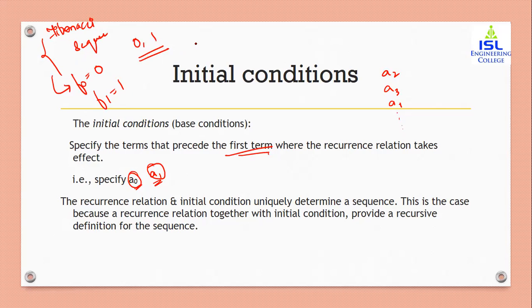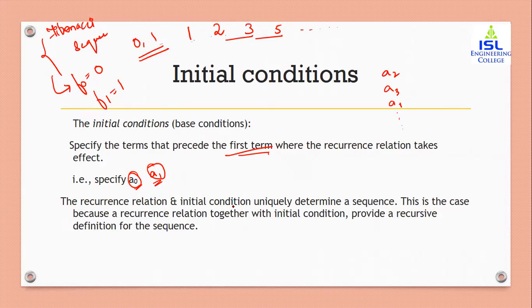Apart from that, what will be the next term of the sequence? The next term is the sum of the previous two terms. So over here, the next term will be 0 plus 1, which is 1. After that, 1 plus 1 gives us 2, 1 plus 2 is 3, 2 plus 3 is 5, and this continues till infinity. Okay, so this is the meaning of initial condition.